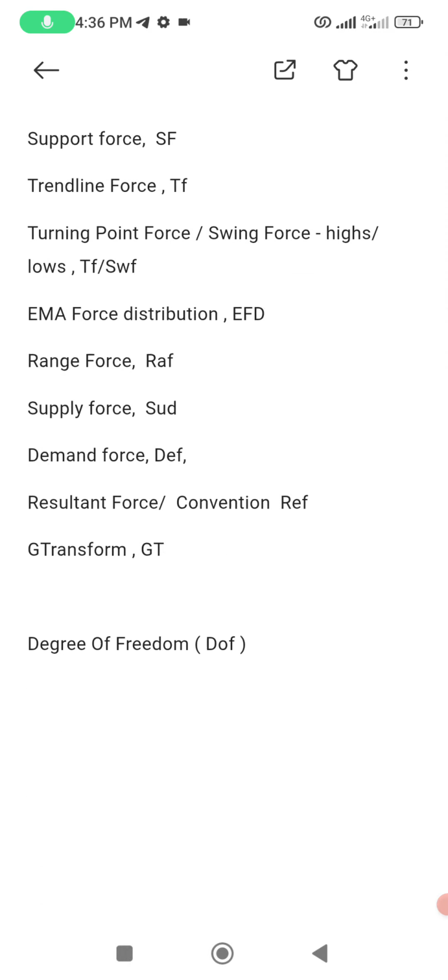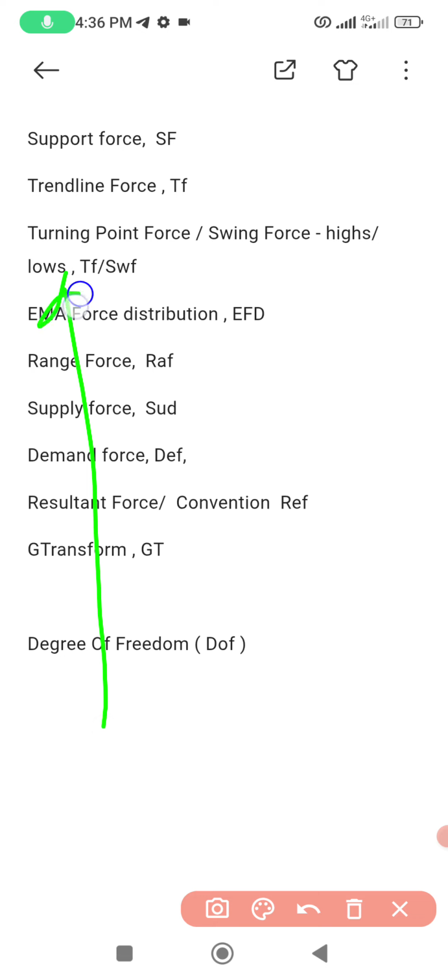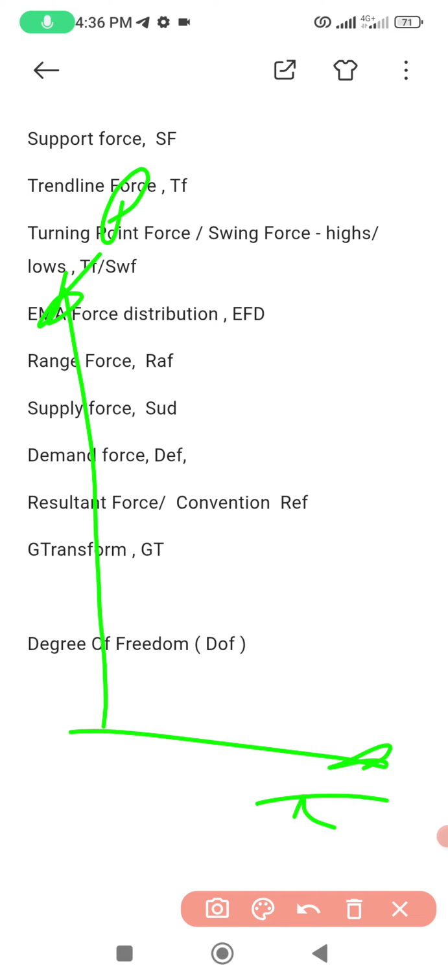Now, before I go into the practical part, I will start with the actual concept, the theoretical part. Let's assume that this is the price axis P, and this is the time axis T. Right now, we have an arbitrary price movement. I'm going to draw a generalized price movement during an uptrend market.